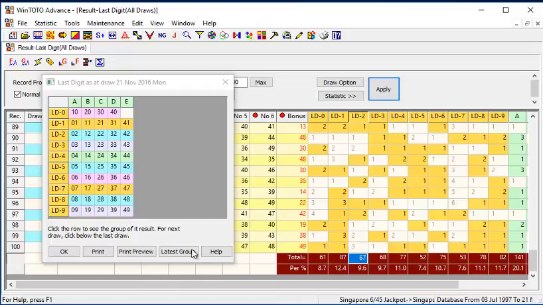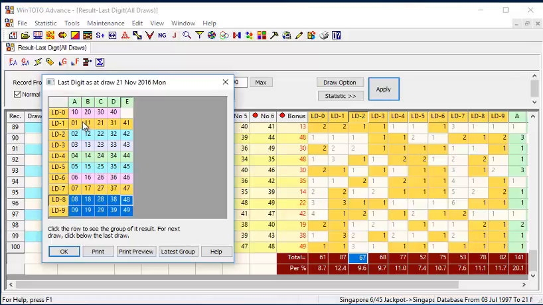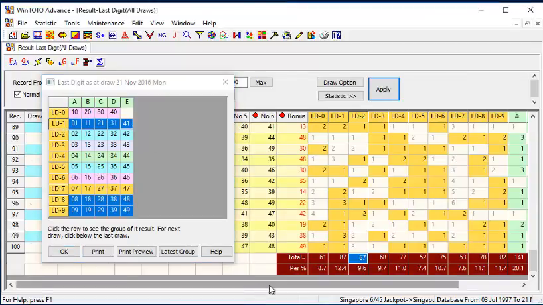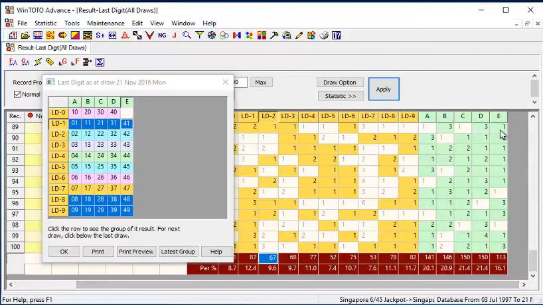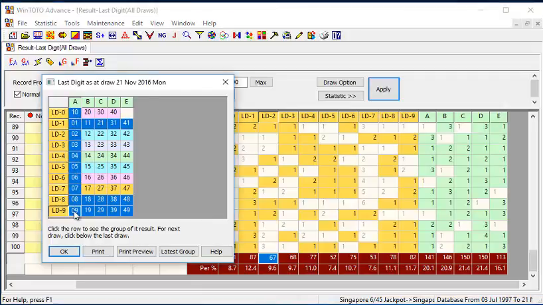Then, for example, we highlight LD8, LD9, and LD1. Let's take a look at the ones doing super well as far as the vertical is concerned. That means we have to take note of things like A, which includes this whole row here. These are all the A, definitely.